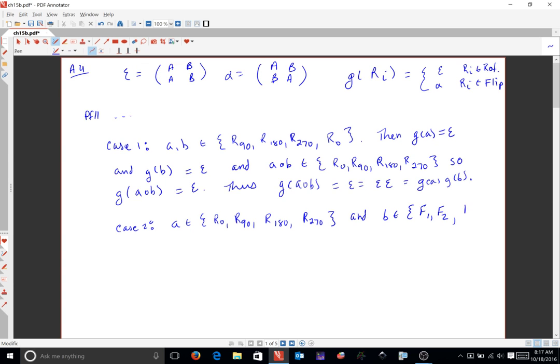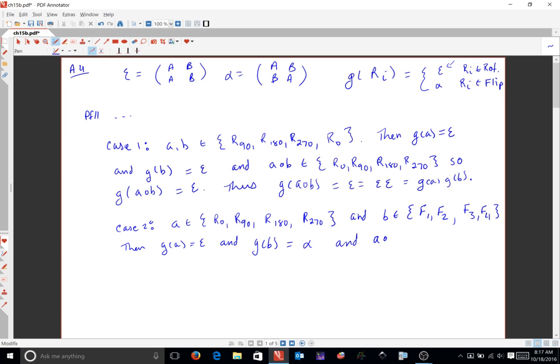There's 4 of them. And then, what does that tell you G of A is equal to? G of A is epsilon, and G of B is alpha.